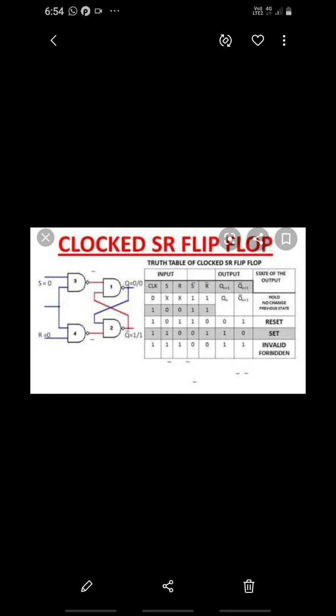The case S is equal to 1 and R is equal to 1 is not used as it is an ambiguous or invalid state.